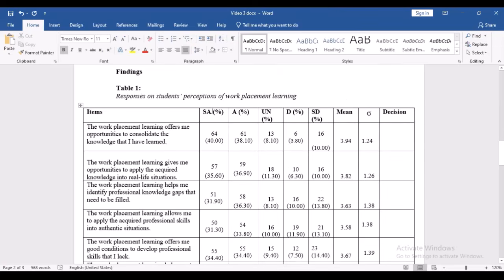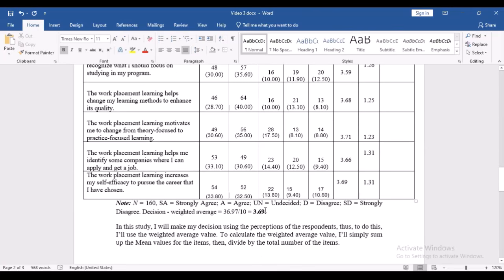Basing your findings on a mean cutoff of 2.5 simply means that you are using the scale, strongly agree and disagree, to take a decision instead of basing your findings on what you have found. So in this case, my weighted average value, or what some people call the grand mean, as the case may be, but in this particular case is the weighted average.